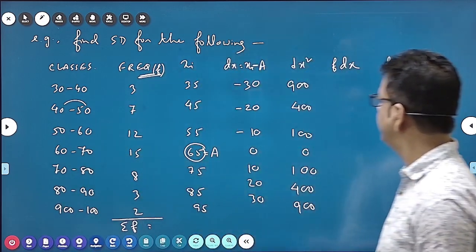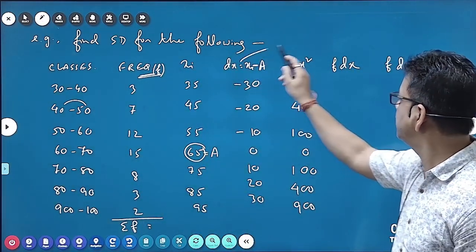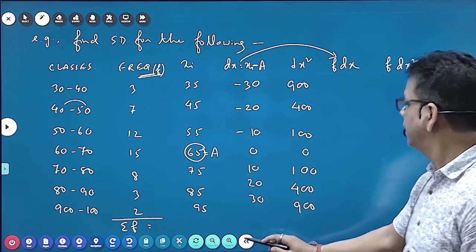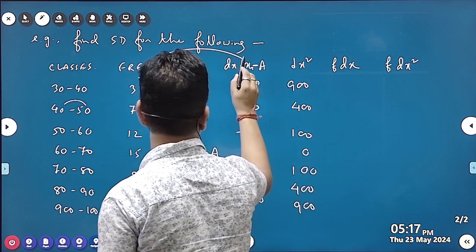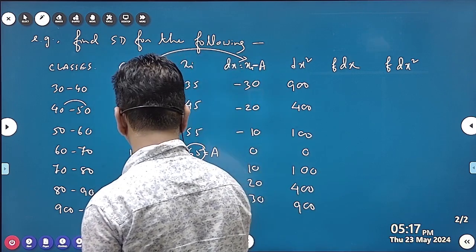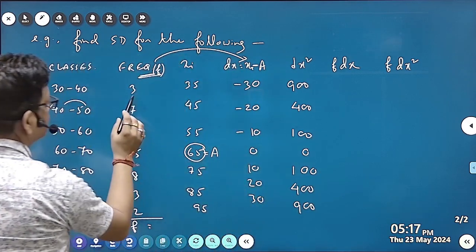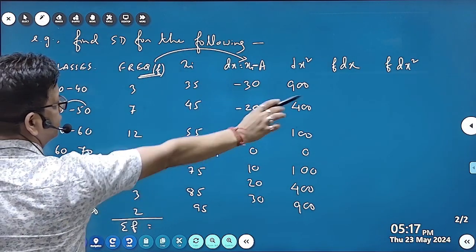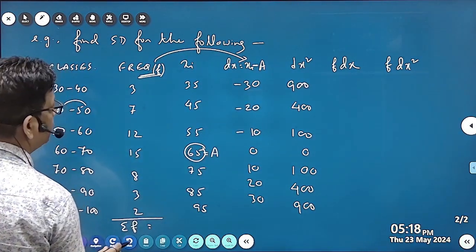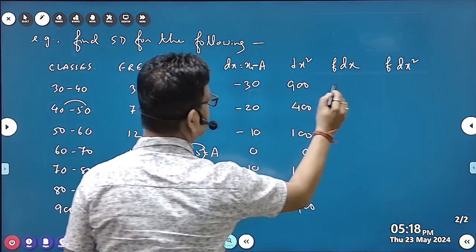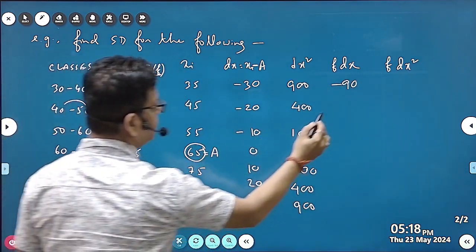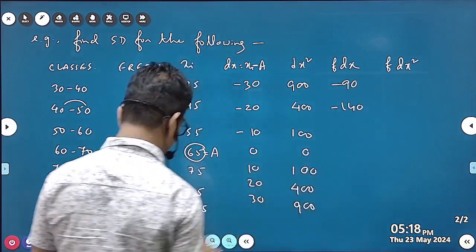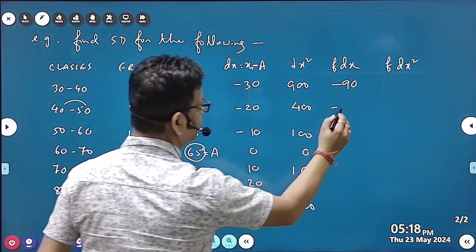Now what I was saying, f dx. So this one and this one you have to multiply. We need to multiply f and dx, this column. So what is that? 3 into minus 30, it will be minus 90, right? So it is minus 90. 7 into minus 20 will be minus 140.